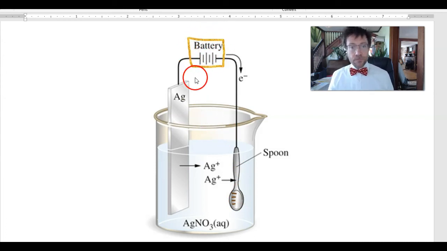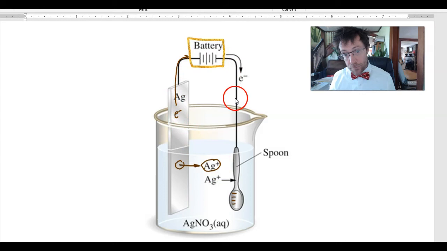So the battery pumps electrons. Electrons leave this hunk of silver, right? So that means a little bit of silver stops being silver metal and turns into the silver ion. And that electron goes zinging up here, gets pumped through the battery, lands in the spoon, and that silver ion comes over here and is attracted to the negative charges, and then absorbs one electron and turns into a hunk of metal.